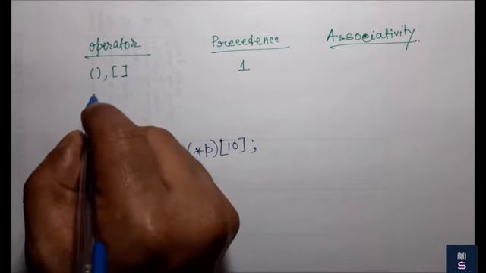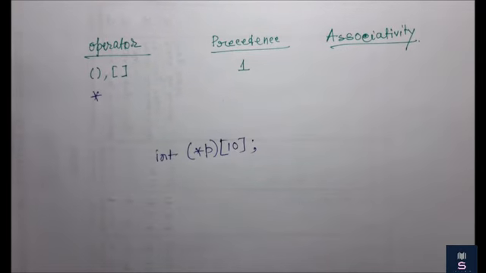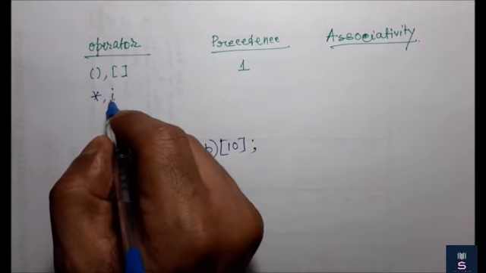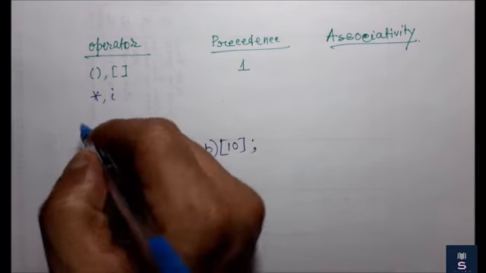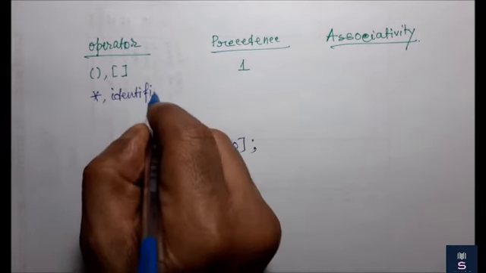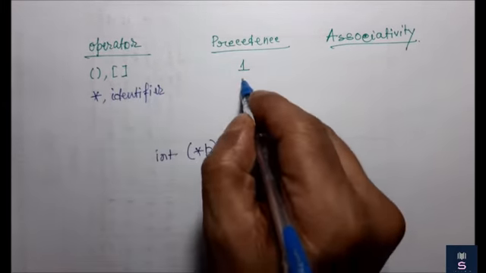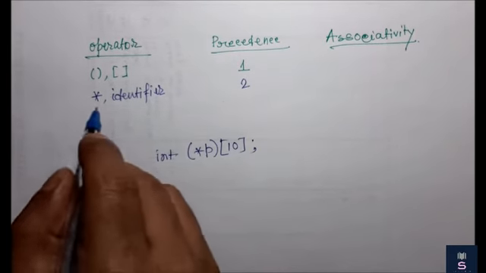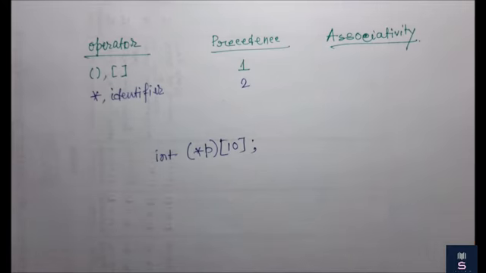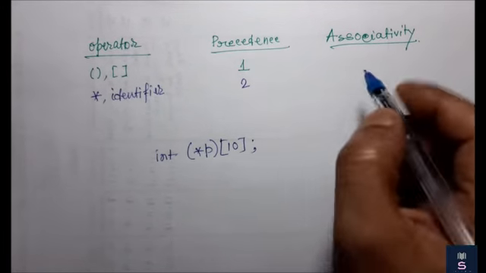Next the operator. We already know the star operator, and we also know the identifier, the name of the variable that has been given. So let me write the identifier, and the precedence is 2. So for the star and the array identifier, the precedence is 2, and the associativity of the first one is left to right.